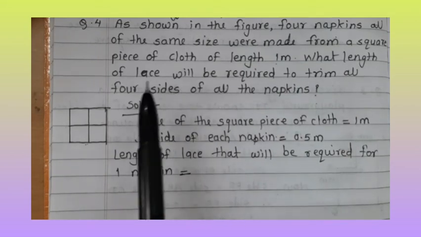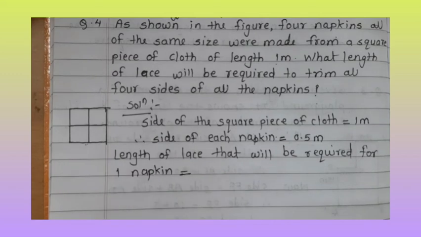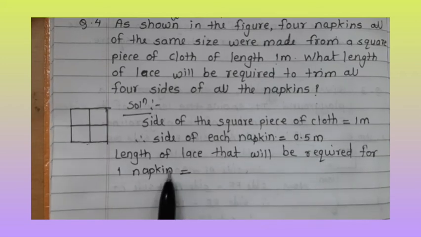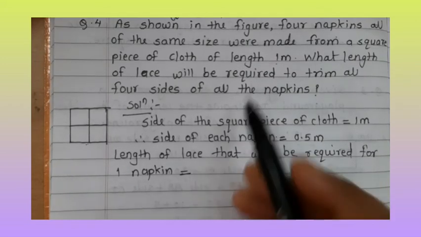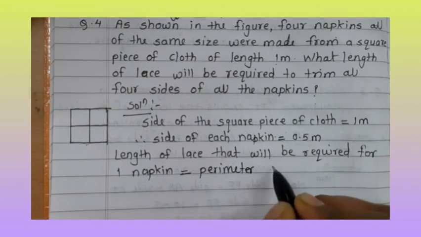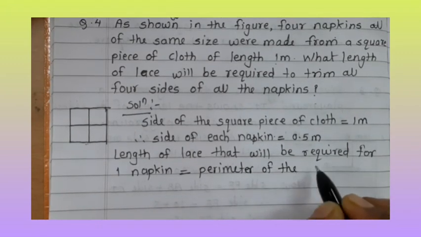First we will calculate for the one napkin. Okay, so when you are calculating the length of lace required for the one napkin, that will be equal to the perimeter of the napkin.